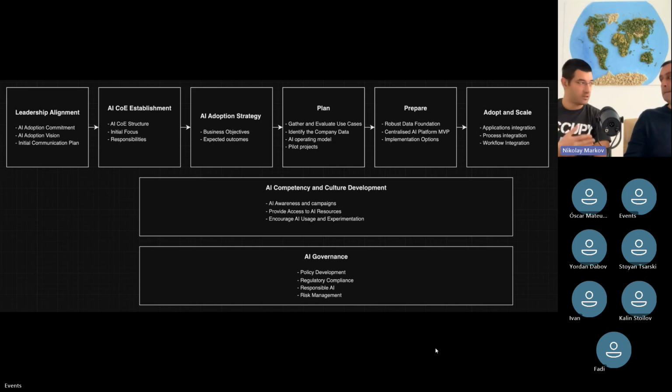So, as Nikki mentioned, moving to the AI adoption strategy, you have the vision in the first step. You have the high level, what you would like to achieve. Then you are forming the team, and actually what will happen in this step is that together with the team, you will be able to refine your initial vision. You'll be able to put a little more detail in your desired outcomes and objectives.